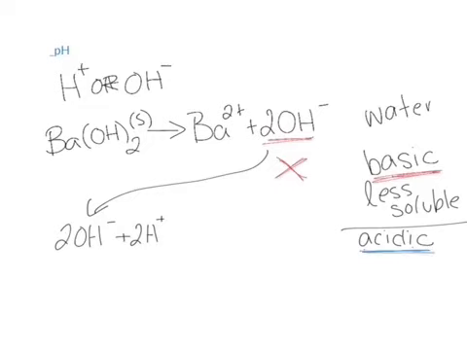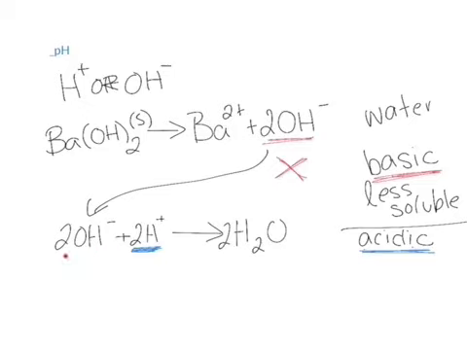So we have that acidic solution already having H plus in solution, 2 OH minus reacting with 2 H plus to make water. In fact, there would be two waters formed there. So if you were to put barium hydroxide into an acidic solution, the OH minus would get quote-unquote eaten up by the H plus.